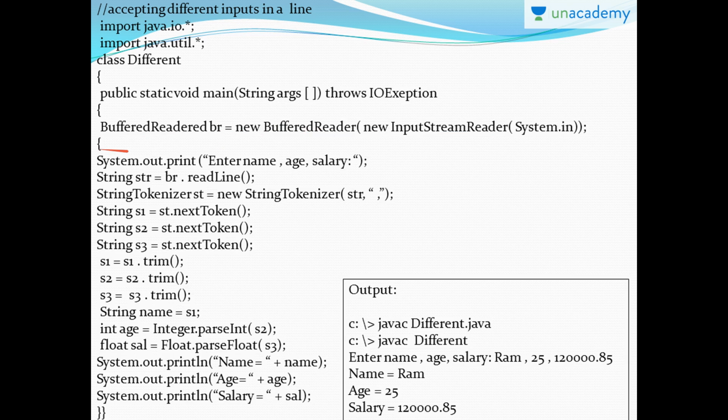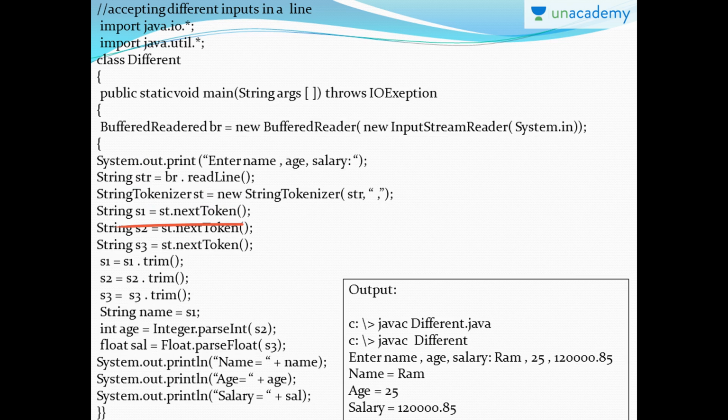When you come here, we are asking to enter name, age and salary. I took these three because they are all different data types. Name is taken as a string, age as an integer, salary as a float or double. For the string we are using String str = br.readLine, for reading one complete line and storing it in str, and breaking it into tokens using this.